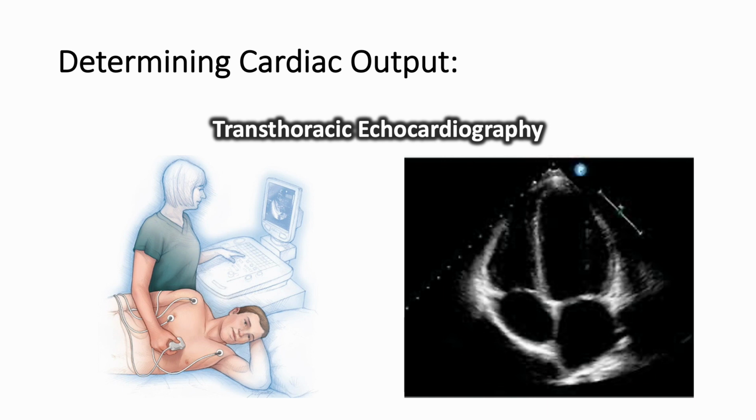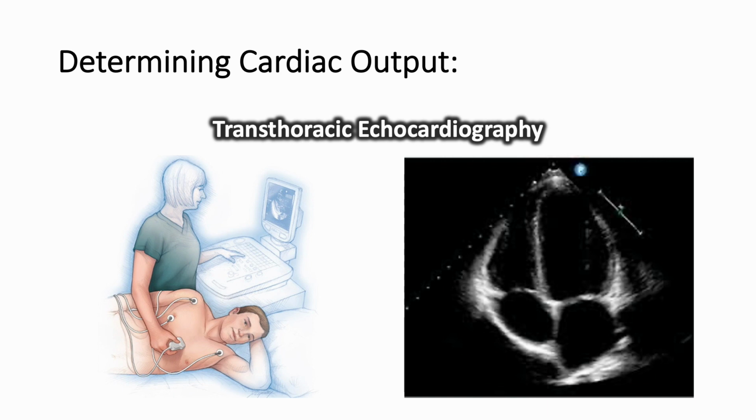The least invasive method is through the use of transthoracic echocardiography, which is able to take several measurements of the heart through the exterior chest wall. From these measurements, the cardiac output can be approximated through calculation.